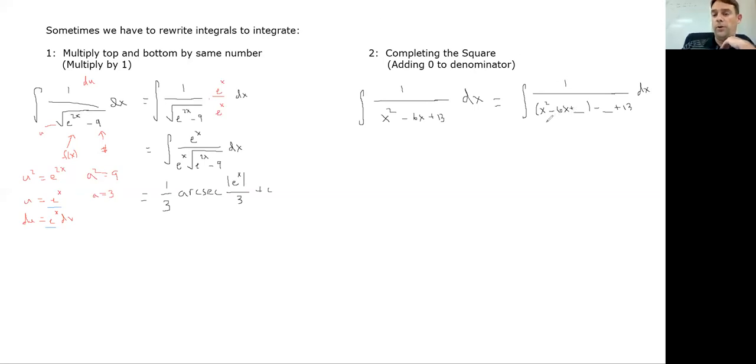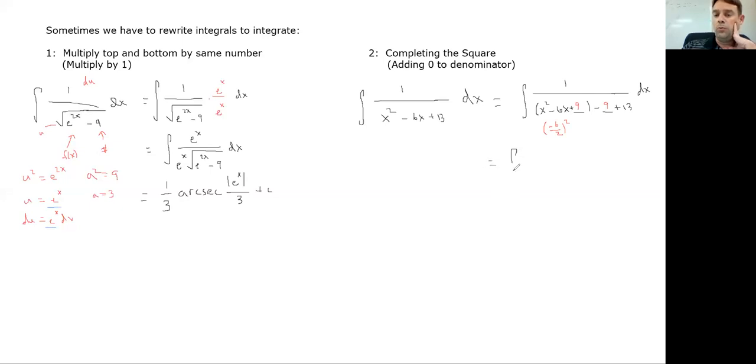So to complete the square, we always take the middle number, divide it by 2, and then square it. So negative 6 divided by 2 is negative 3, squared is 9. So if I add 9, then I have to keep the balance down here, so I subtract 9. So positive 9, negative 9, I'm really just adding 0. So I haven't really changed anything in any way, shape, or form.